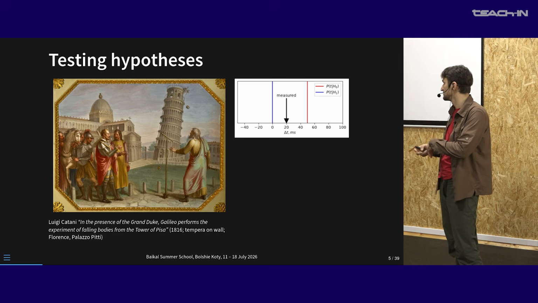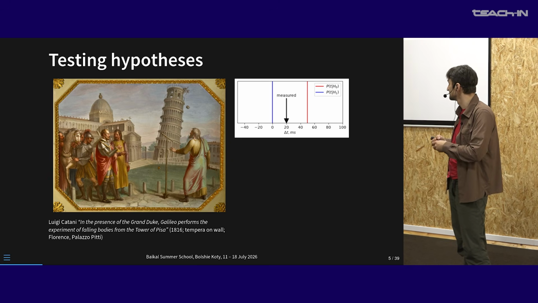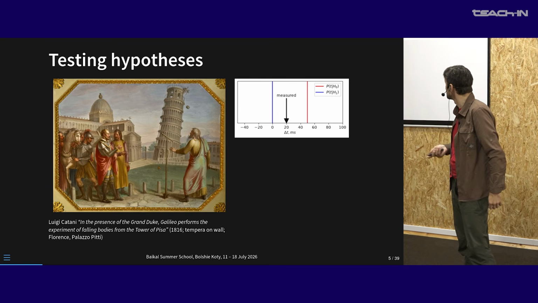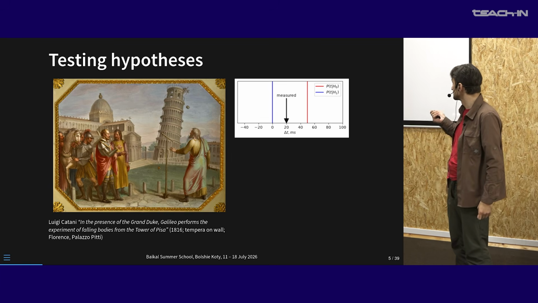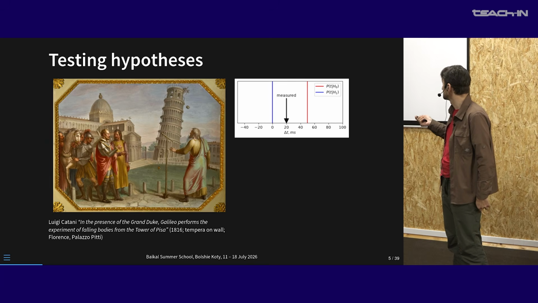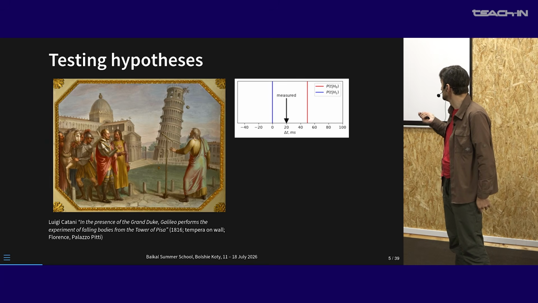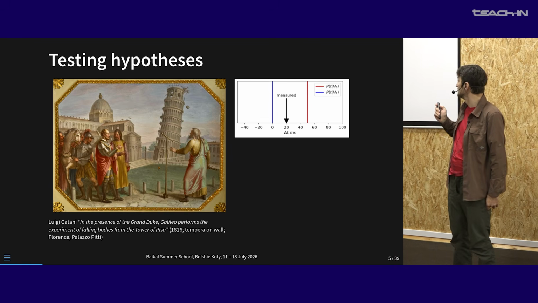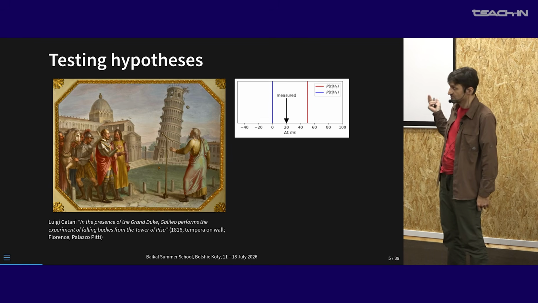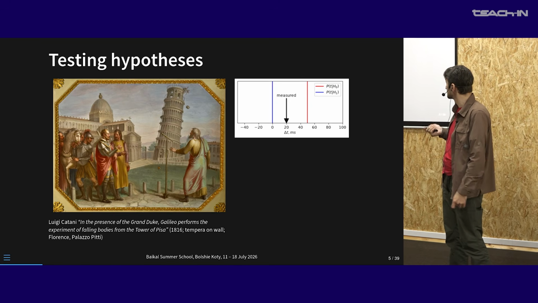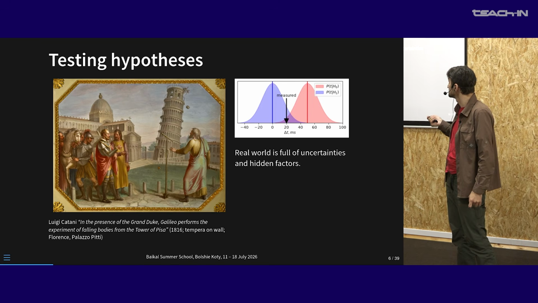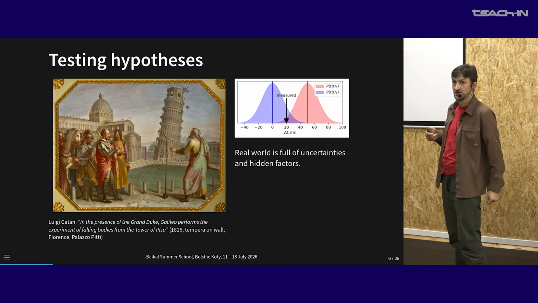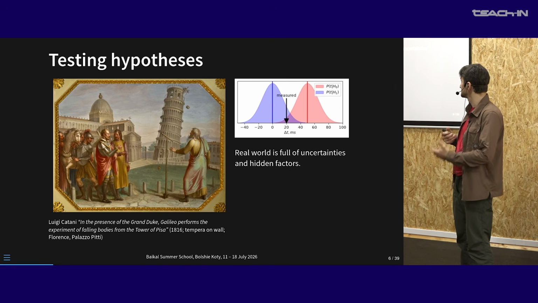The wind goes in some direction, moon phases, etc. So in order to interpret this, we need to change our predictions from our hypothesis. Of course, we need something like this when we take into account all the real world's imperfections and hidden factors.